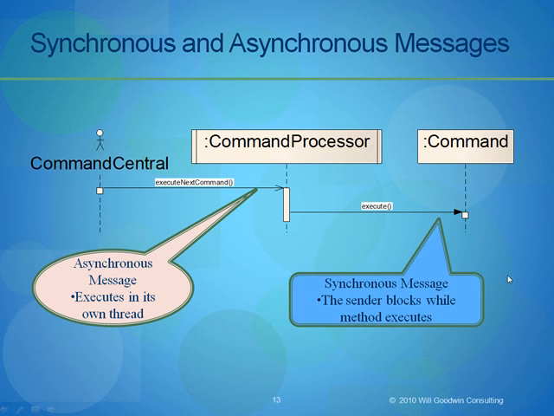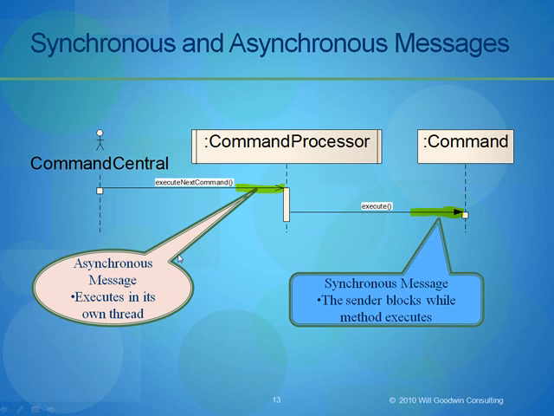So here we have an example of a sequence diagram, and notice that we have two distinct types of arrowheads here. Notice we have just a little stick arrowhead here, and here we have a filled-in triangular arrowhead. This is again an example of where the Unified Modeling Language is very precise about their arrowheads. They both represent a message being sent to an object.